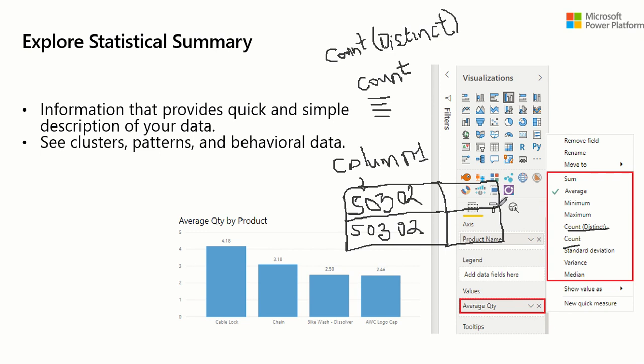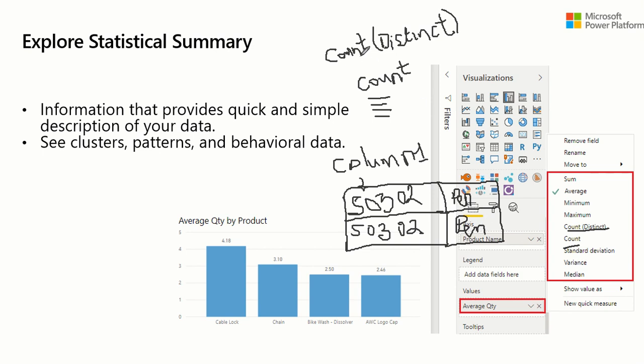Let's say this product is pen. If this is a product called pen, they are the same products because they have the same product ID.